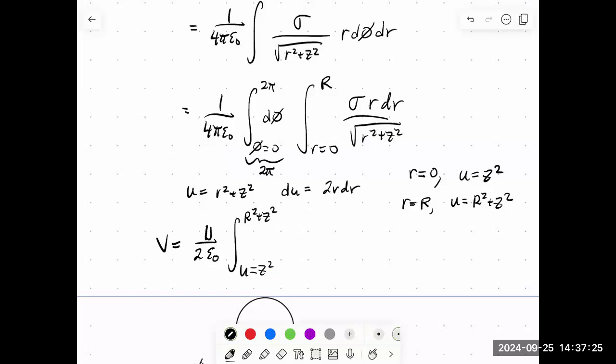Sigma is a constant, so let's just put the sigma out here. r dr is du divided by 2, so we get 1/2 of du. And then r squared plus z squared is u, so we get the square root of u. So I could do this as u to the minus 1/2 du.